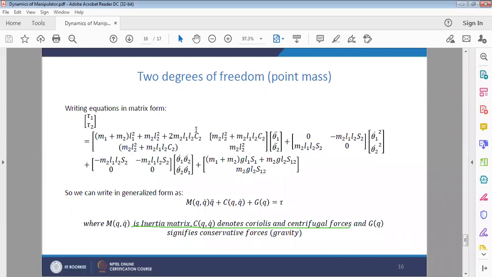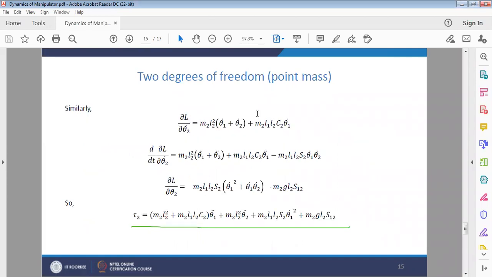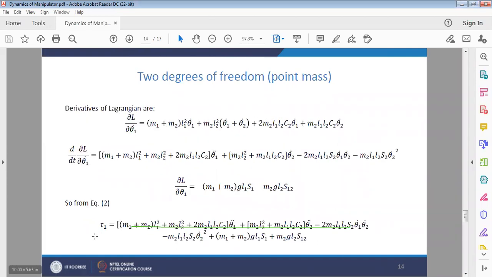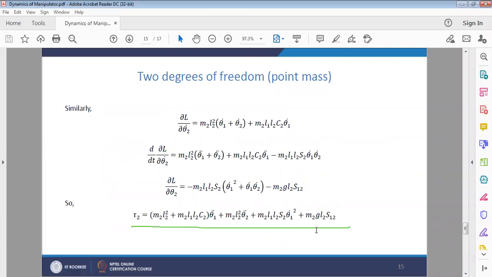Okay, so now we have two equations. Equation 1, tau 1 is equal to this, and tau 2 is equal to this. So let us write both the equations in matrix form.